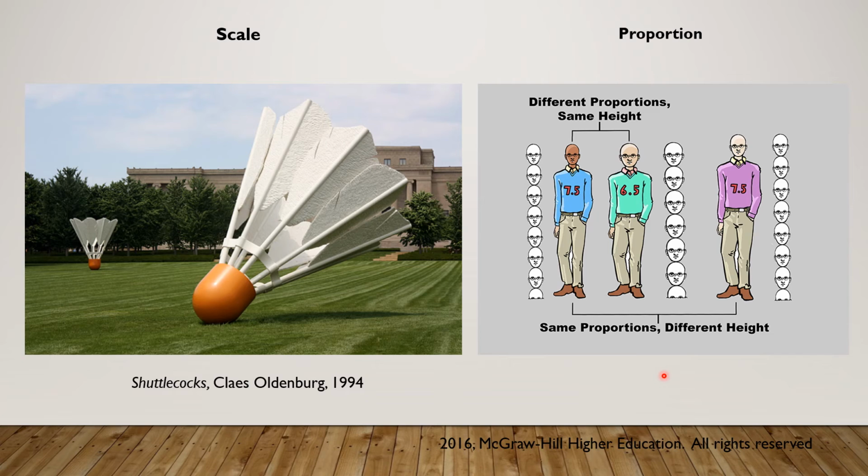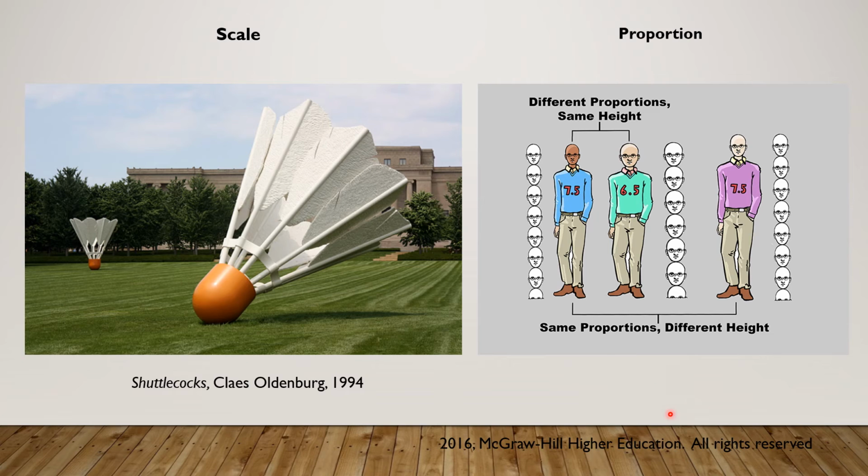You can't have a bigger spout than you've got handle, because we know that that's not going to work. You can't have a bigger handle than you've got a base or a body for the coffee pot. So objects and humans all have a proportion.